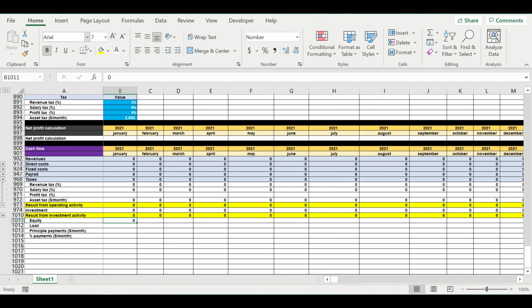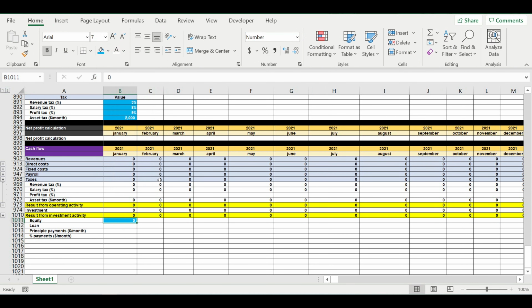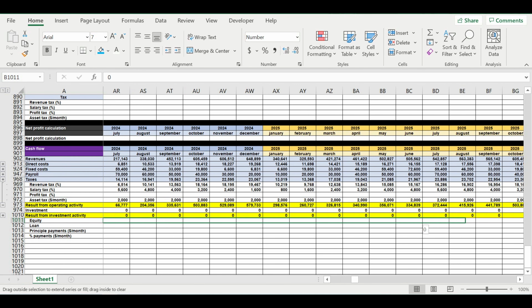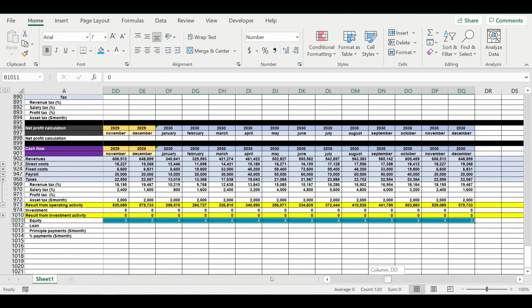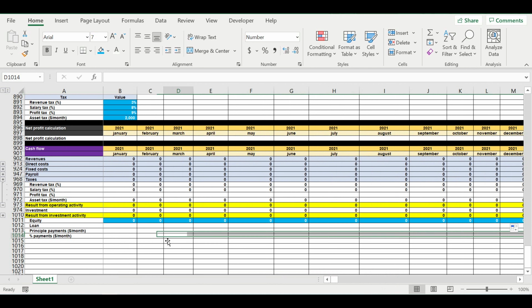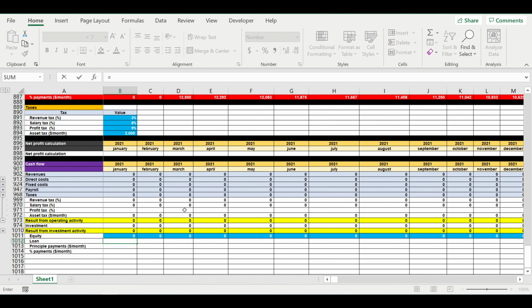We can use an automatic formula to calculate the amount of equity needed for our business idea. I will show you how you can do it manually or how you can calculate it using formulas, to make automatic calculation of the amount of financing needed for your business idea. This will be the topic of the next videos.